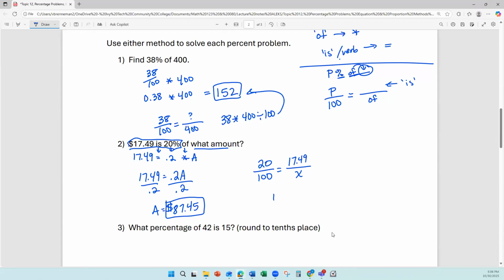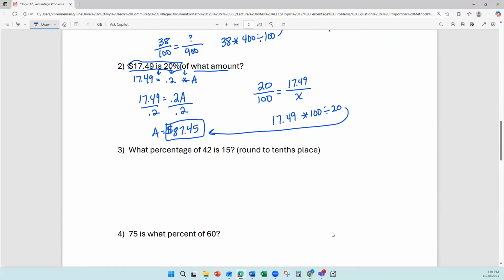So I get the proportion, then cross multiply and divide: 1749 times 100 divided by 20. So here I think the proportion, especially if you're uncomfortable doing an algebra solving process but you are good at solving proportions, can be the easier method. But you just have to watch. Don't ever assume that when you have a percent that it's a percent of the given number.